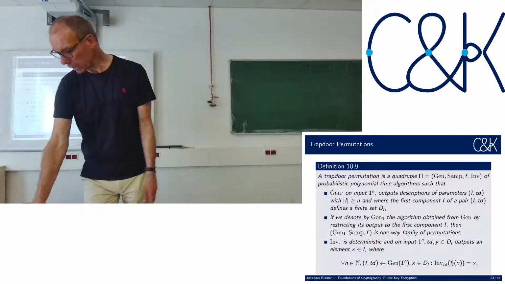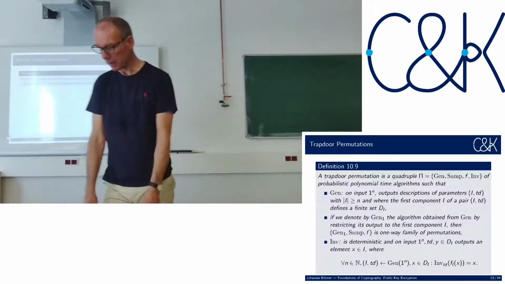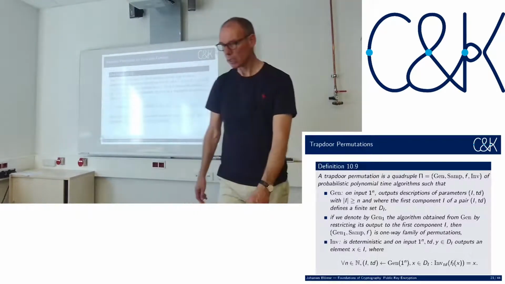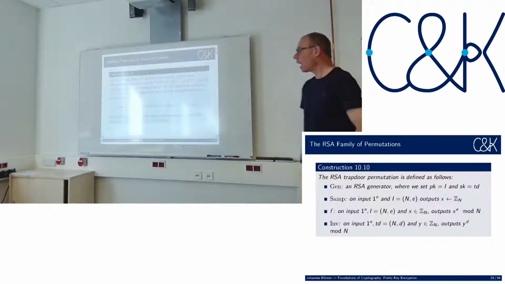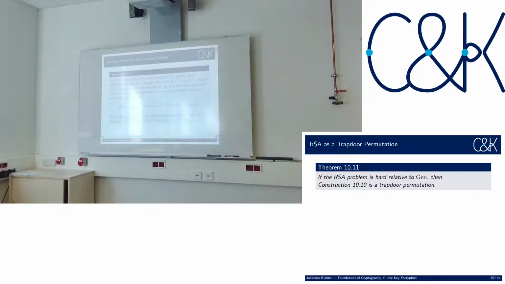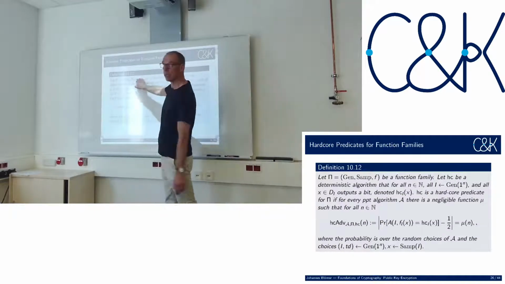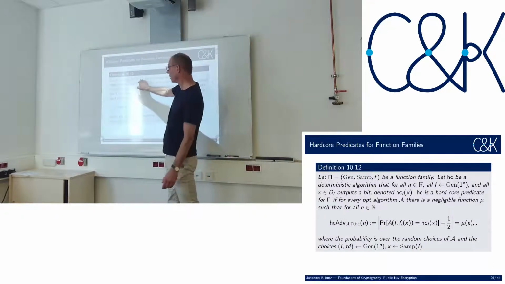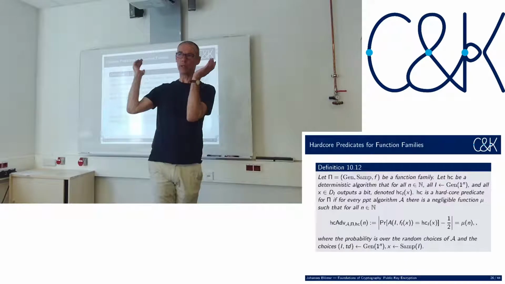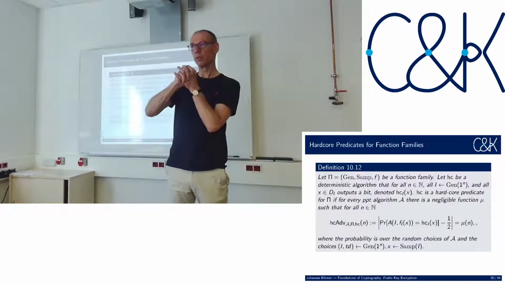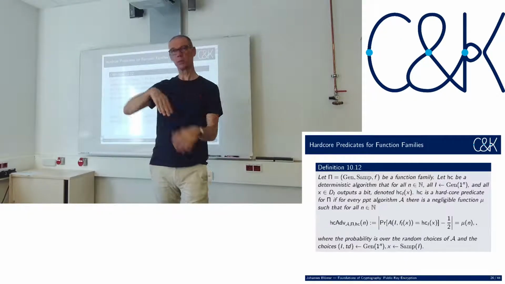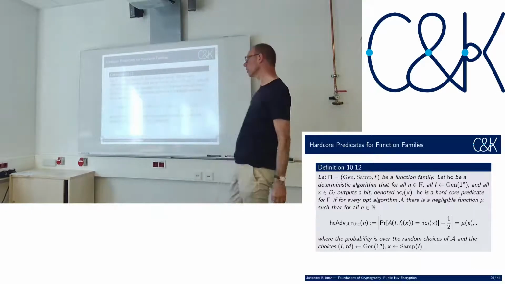So what is a hardcore predicate? A hardcore predicate is defined as follows. We look at a function family, Gen, Samp, F, which could also be a family of trapdoor permutations, where we just restrict the key generation algorithm.